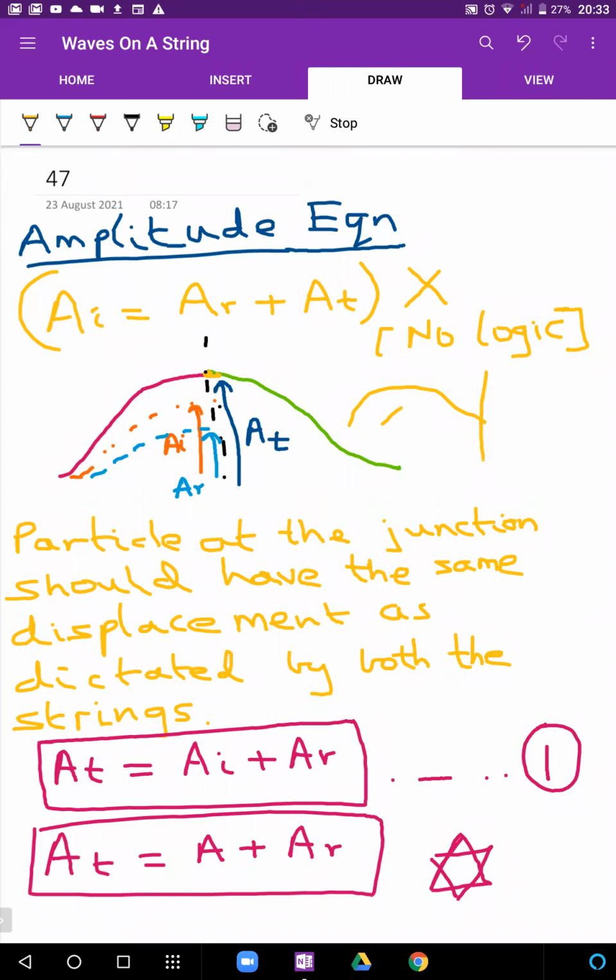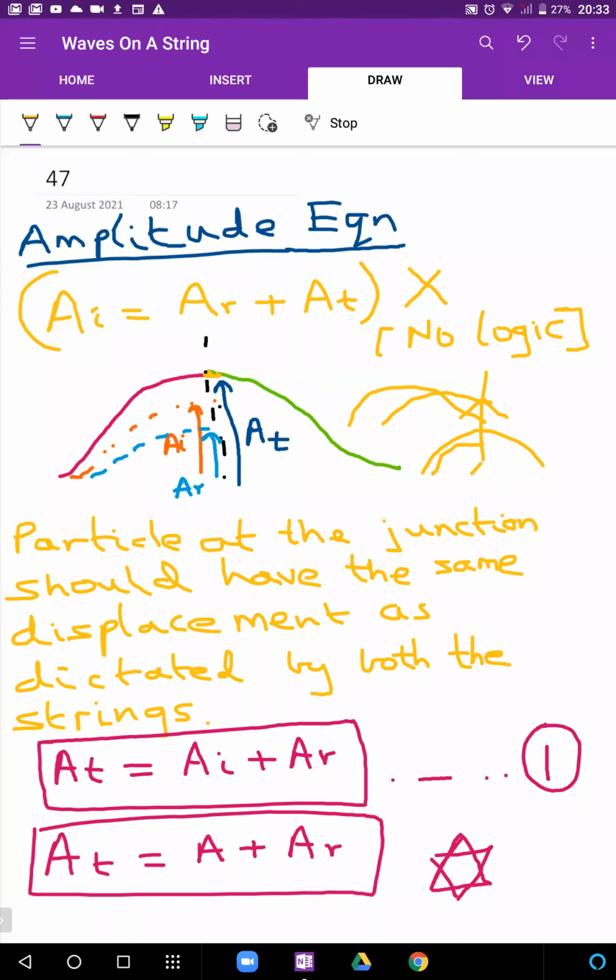So incident wave जब इतना आगे गया, उतना आधा reflection start हो गया. अब incident wave जब exactly half cross कर चुका है, reflected wave भी half enter कर चुका है. So I'm actually drawing that case. When half of the incident pulse has crossed over to the other string and half of the reflected pulse has now been reflected into the string.